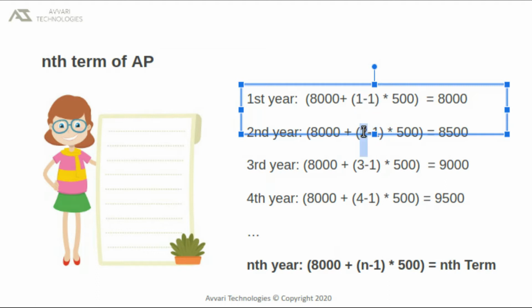For second year it is 2 minus 1, for third year it is 3 minus 1, and fourth year it is 4 minus 1, and so on. We can come to a general expression for this example, that is the first term plus n minus 1, where n is the nth year, minus 1 into 500, that is the common difference.